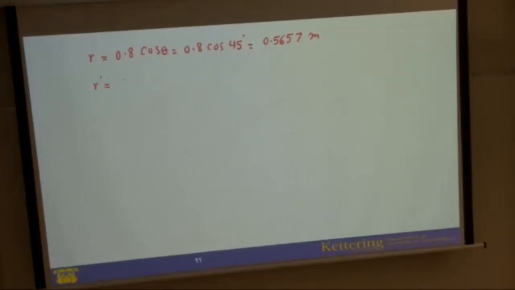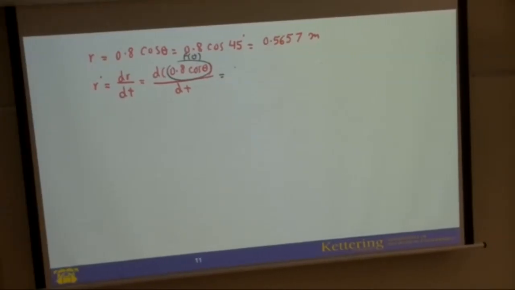Then R dot is the derivative of R with respect to time. That means the derivative of 0.8 cosine theta with respect to time. To find this, we need to use the chain rule. Why? This is a function of theta.